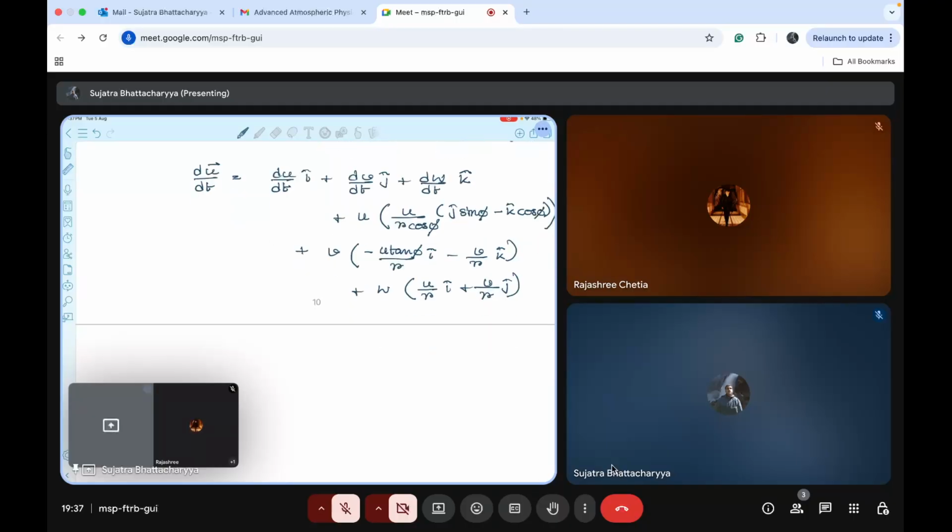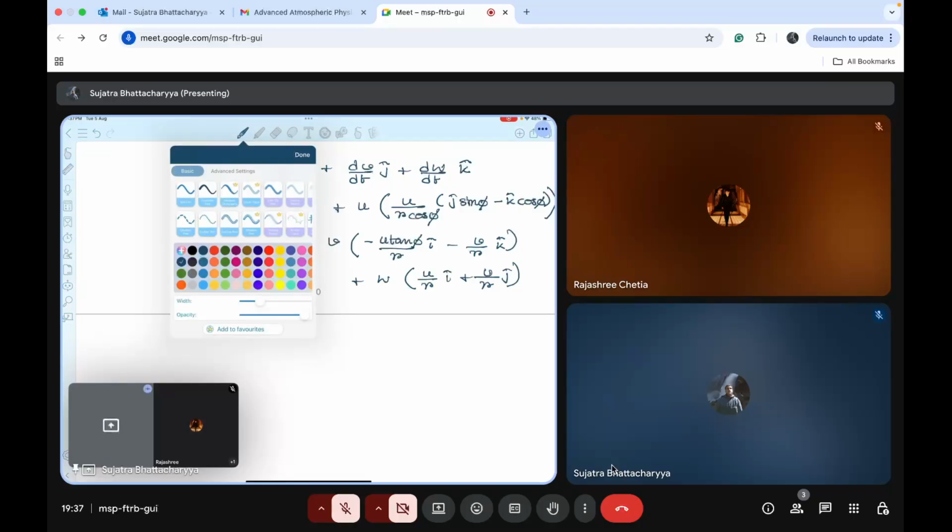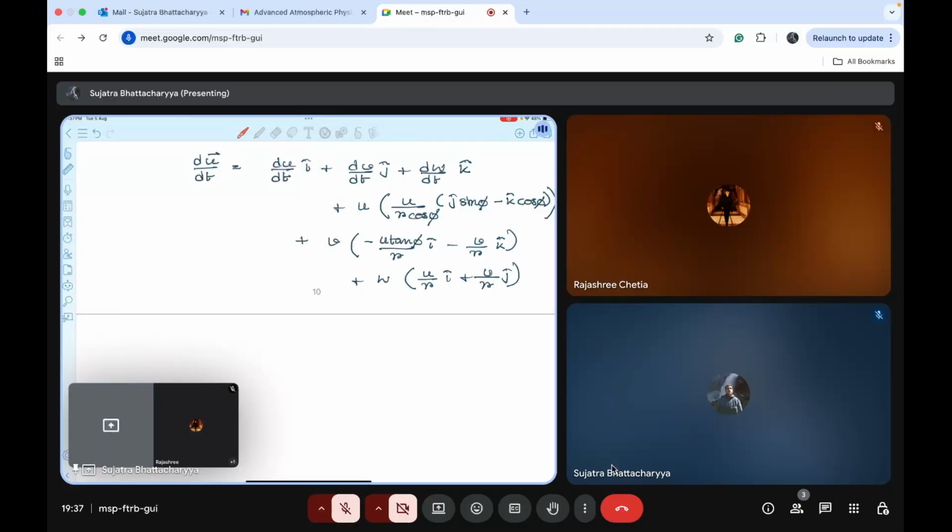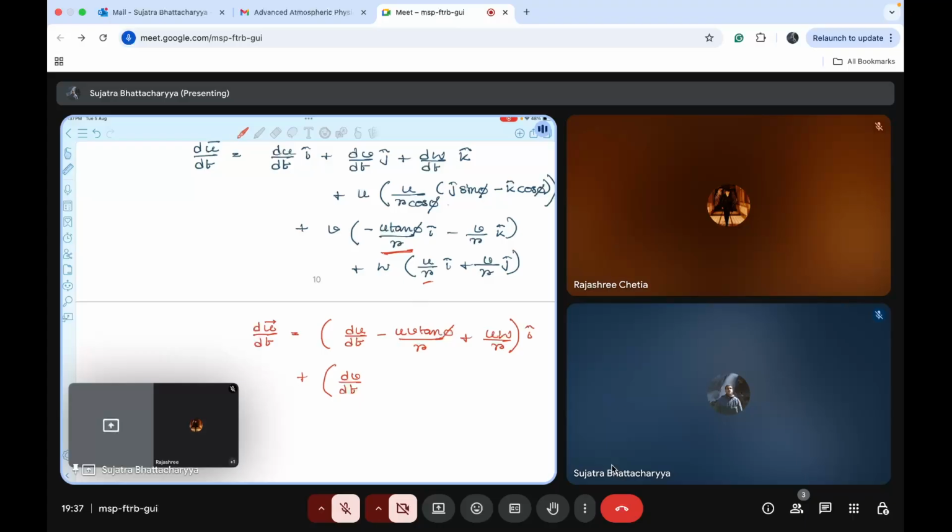All right. So let's write the expression further and combine the i hat direction, j hat and k hat. So Du dt will be equal to du dt. Okay, which are the i terms? This is minus uv tan phi by r, another is this, plus uw by r, i hat, plus dv dt j terms, this.